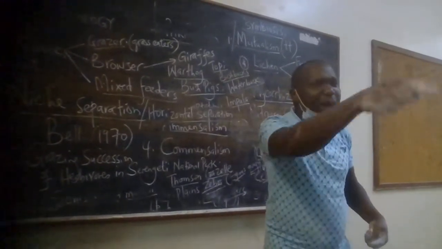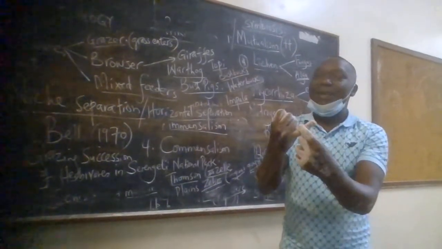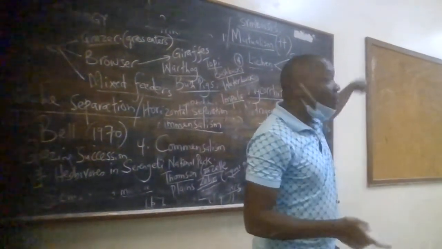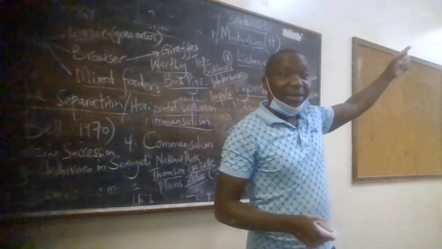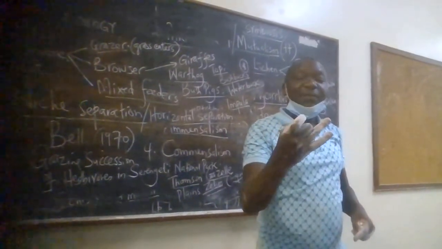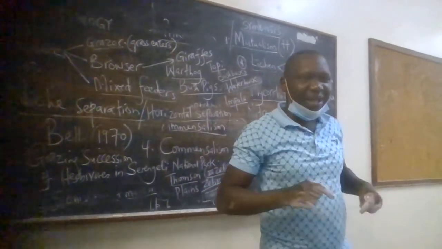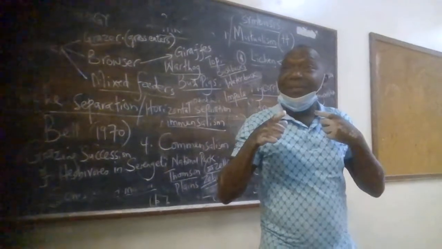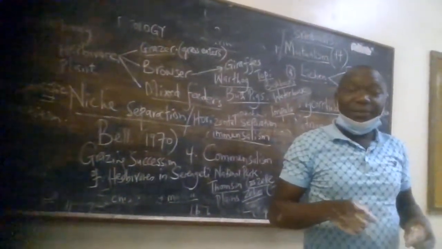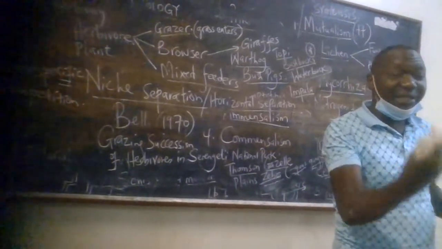Now, the number of birds within that forest, including the marabou stork, like this marabou stork on Makerere campus, they are there. You will find there the vultures, we call them the hooded vultures. Hooded vultures, you know them? So all of these are meat eaters. They are flesh eaters.